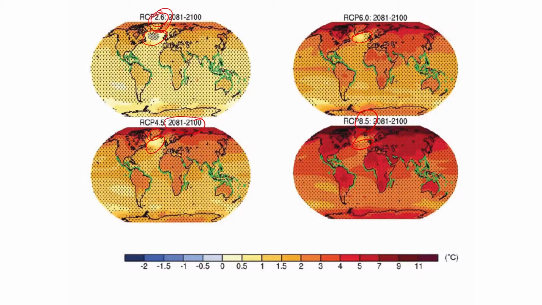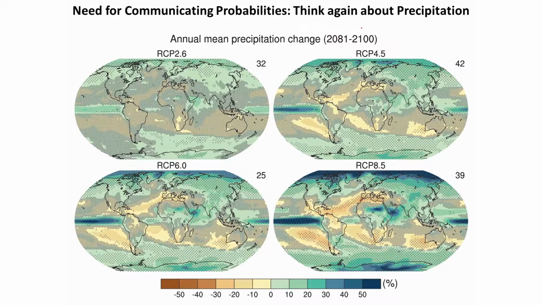But everywhere else you can see there are these little dots, which means stipples, which means that all the models agree that these are going to be substantial changes, more than 2 standard deviations of the present. Whereas when you look at rainfall, we looked at just these two before. Now we are looking at all RCPs, just for illustrating this point again. Here the stippled points are far fewer than in the temperature projections, and there are lots of these hatched regions.